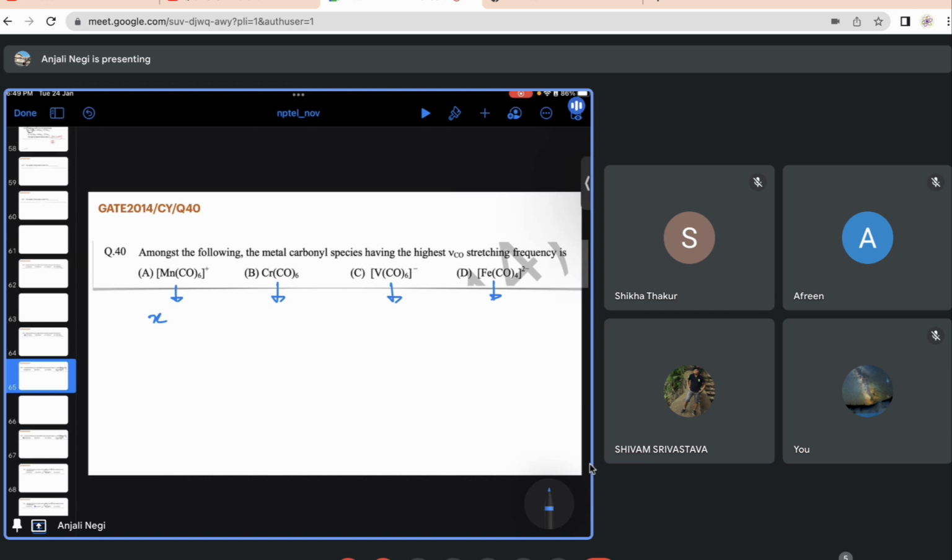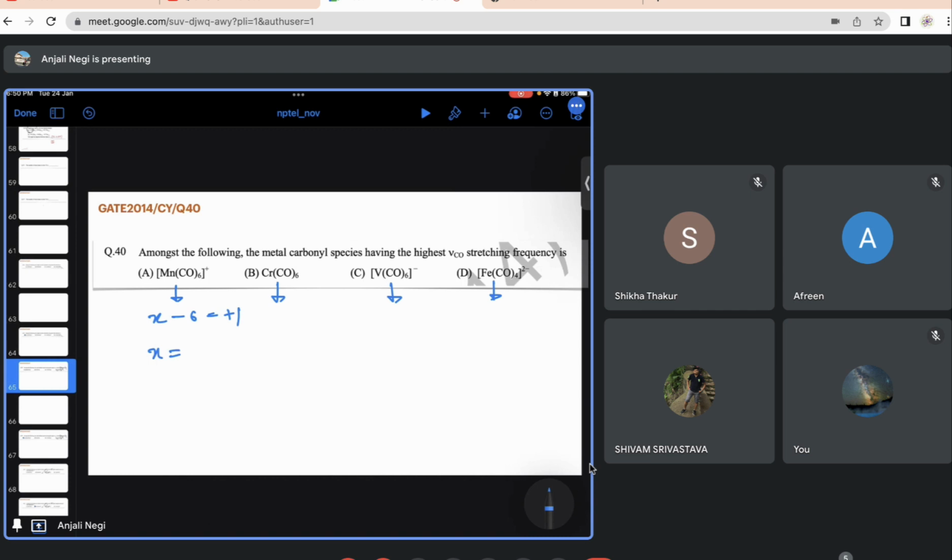So the charge on the metal, since CO is neutral, it carries a negative charge, so this will be minus 6 equal to plus 1.